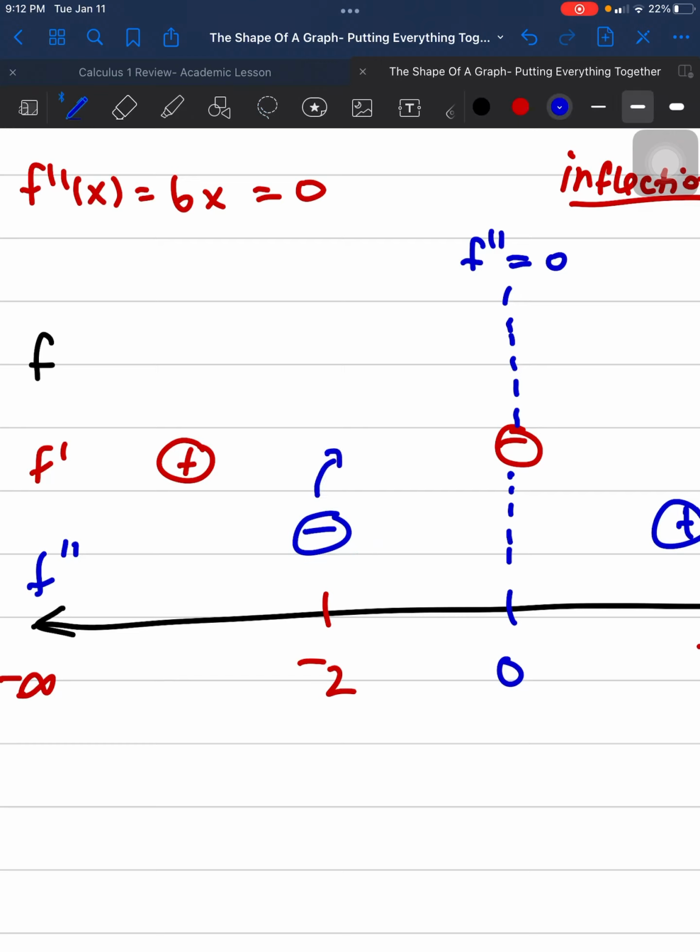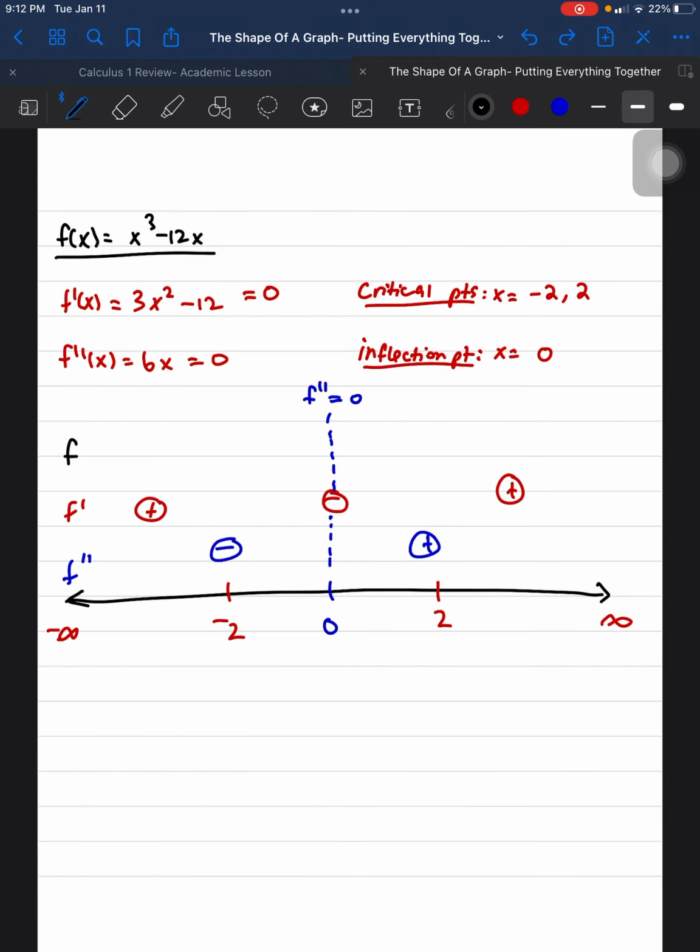So we want the original function f to be concave down, but it should be increasing.